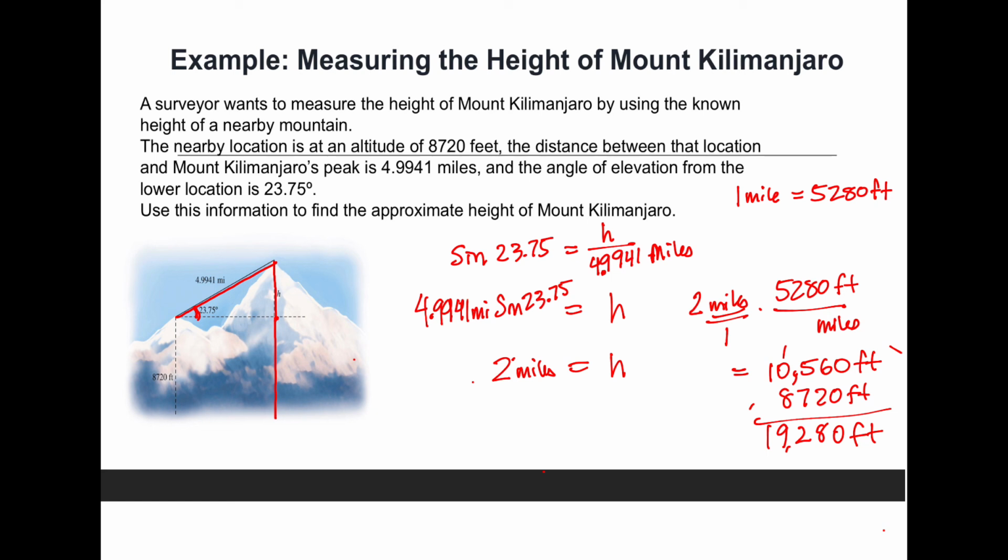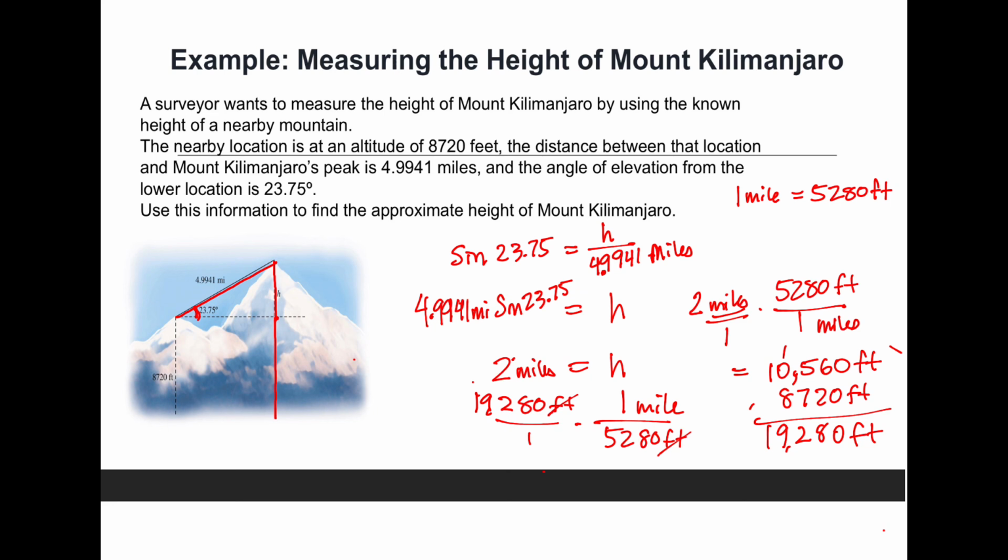If we want to put that into miles, let's change those feet into miles. I'll take those 19,280 feet, put it over 1, and multiply by the reciprocal unit thing, where we have 1 mile on top, and we have the 5280 feet that we want to get rid of on the bottom.